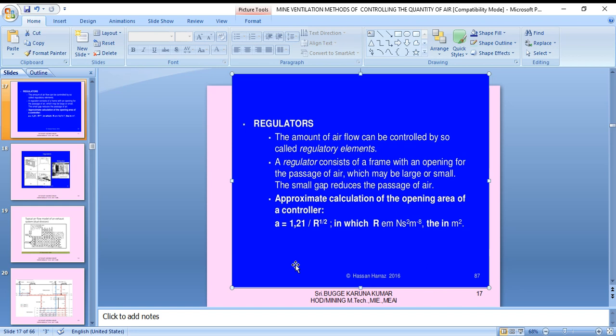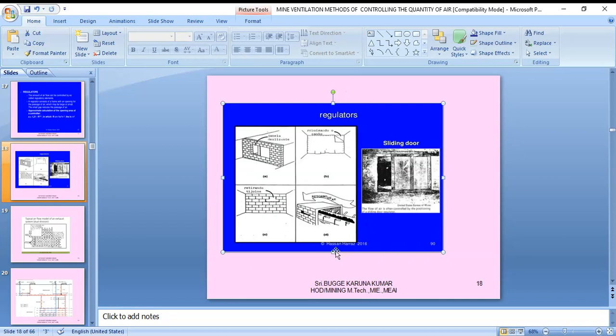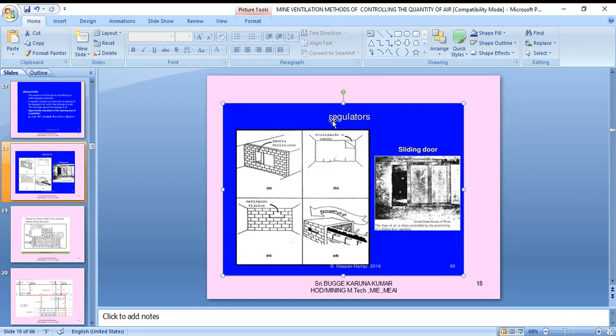This is a generalized formula you use for regulator calculation, the area of the regulator. These are the regulators, showing different models of regulators. These are side doors. This is one regulator. This is another motor regulator. This is a motor regulator. This is another motor regulator.